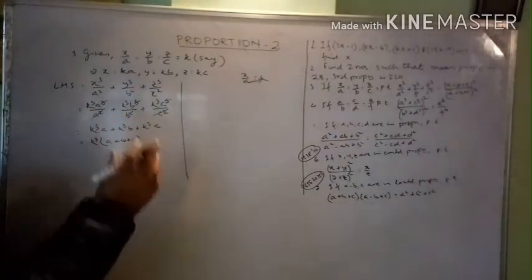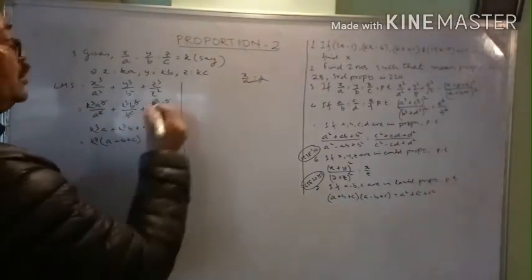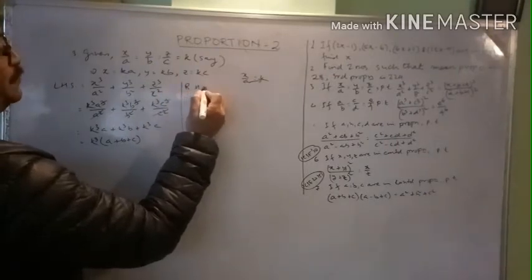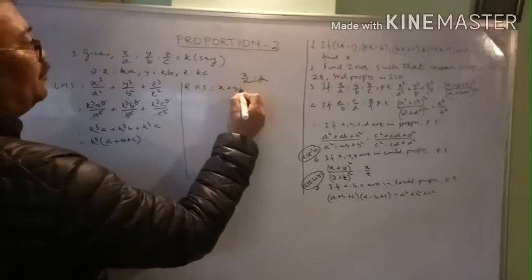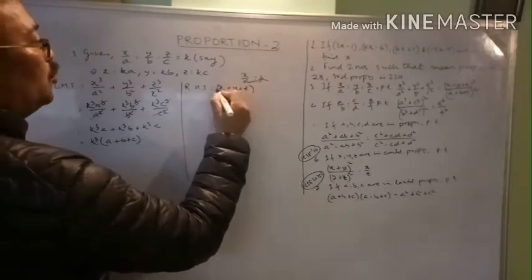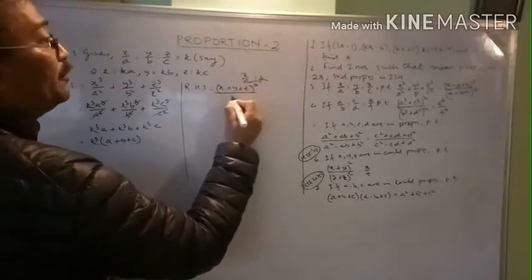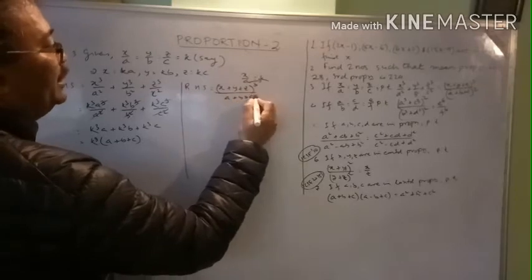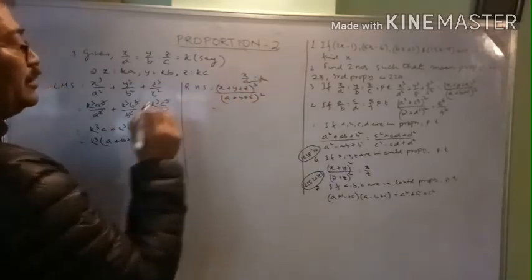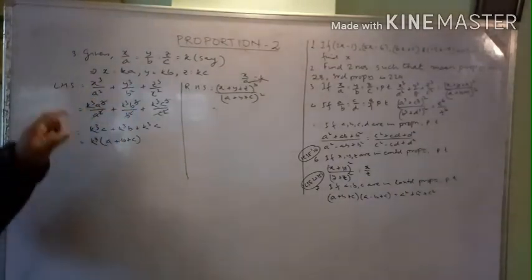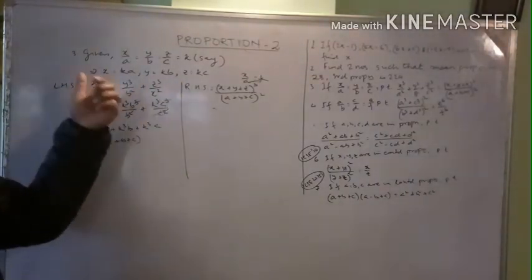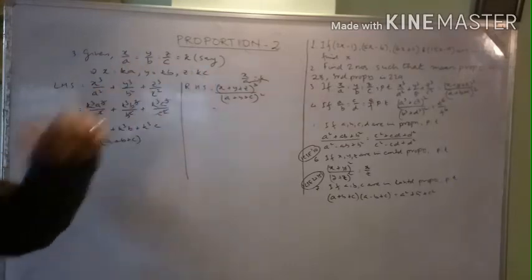Now we'll take RHS and try to find the same expression. So RHS is given x plus y plus z whole cube upon A plus B plus C and its whole square. Now same as what we did in the left hand side, wherever there are x, y, z, we will replace by the values that we have obtained here.